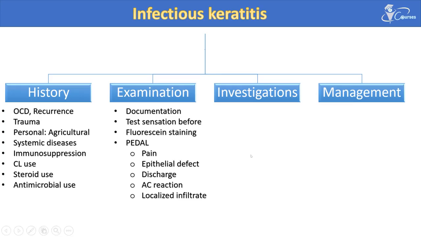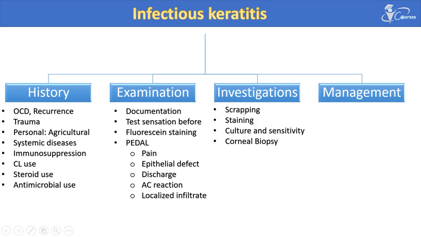After making a diagnosis of infectious keratitis, we can sometimes be confused about which type it is. Could it be bacterial? Could it be fungal? So we opt for investigations. The gold standard is to isolate the causative organism by scraping, then doing staining, culture and sensitivity.